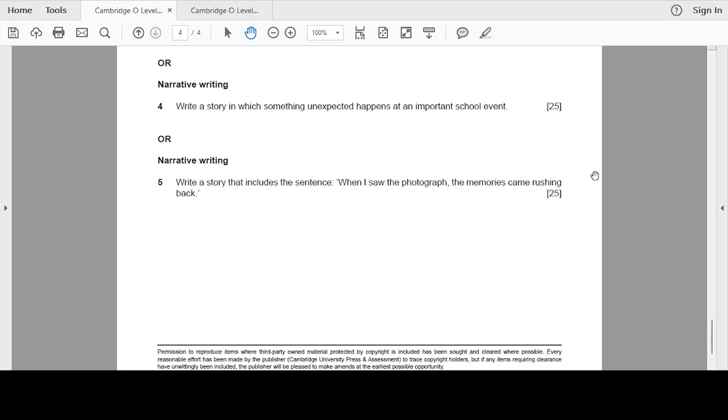And finally, write a story that includes a given sentence. This is something students confuse for some reason. Write a story that includes the sentence, "When I saw the photograph, the memories came rushing back." This thing that they've given you in the quotes, that is the topic.